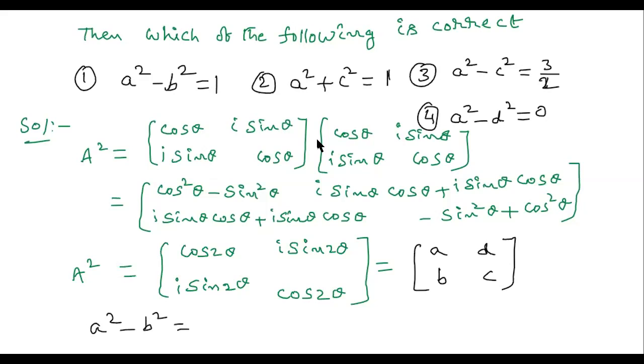A square means cos square 2 theta, minus B square means i square sin square 2 theta, and i square value is minus 1. So we get sin square 2 theta plus cos square 2 theta, that is 1. So it is satisfied or not? A square minus B square is equal to 1. So the first option is correct.